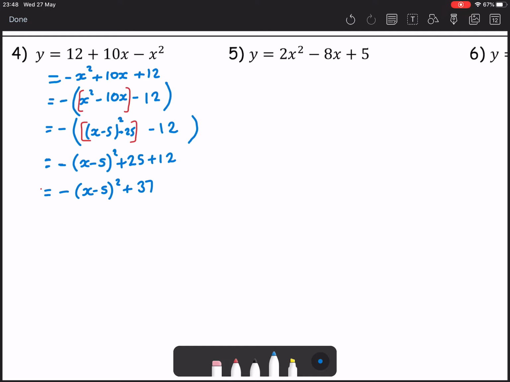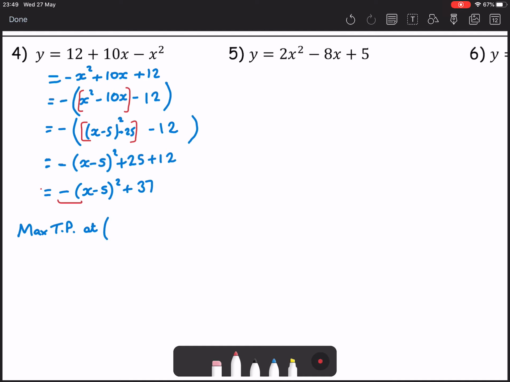What's significant about this is as we have a negative bracket, we have a negative x squared. So we have a maximum turning point. All the previous examples were minimum. At, and we can easily find the turning point.